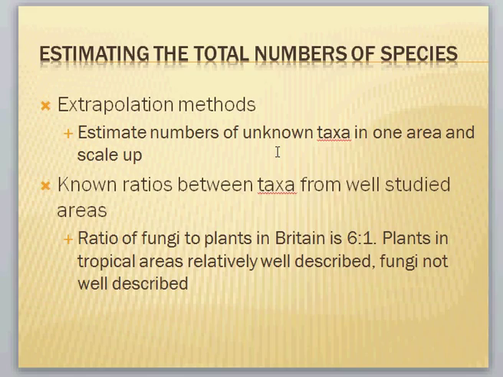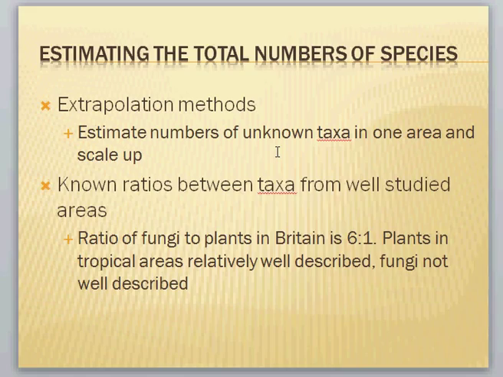We can also use another extrapolation by looking at known ratios between taxa in well-studied areas. For instance, the ratio of fungi to plants in Britain is about 6 to 1. There are 6 fungal species for every plant species in Britain.